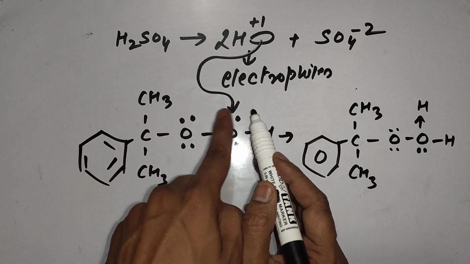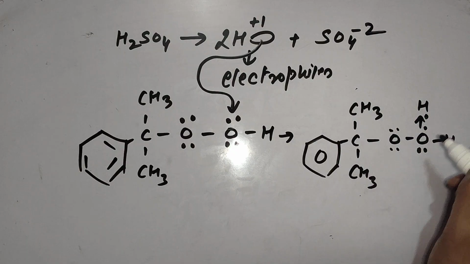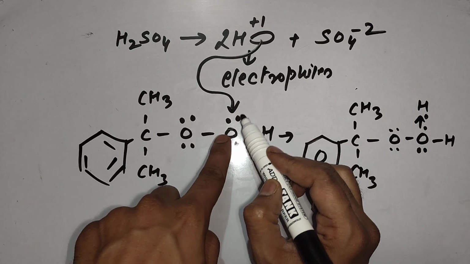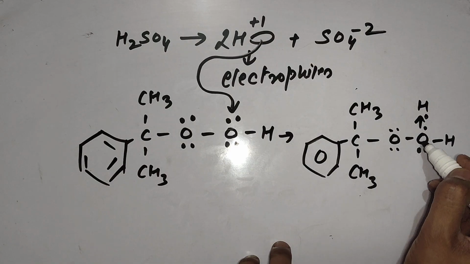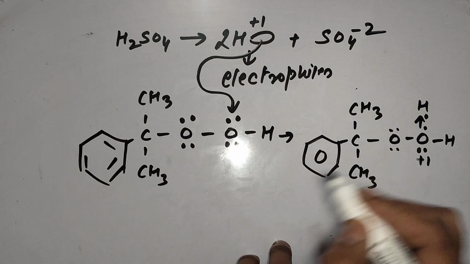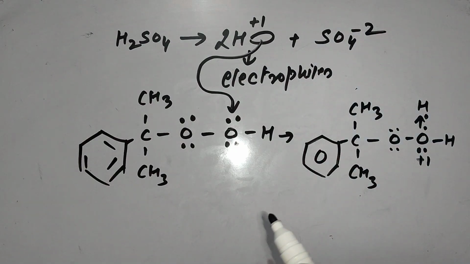One it will completely transfer toward hydrogen like this, and one it will keep with itself. As it will transfer one electron toward hydrogen, the positive charge of hydrogen will finish to 0, but on itself it will have a +1 charge, because it has passed one electron completely toward hydrogen.